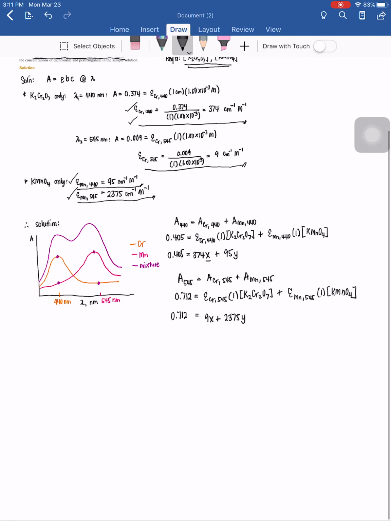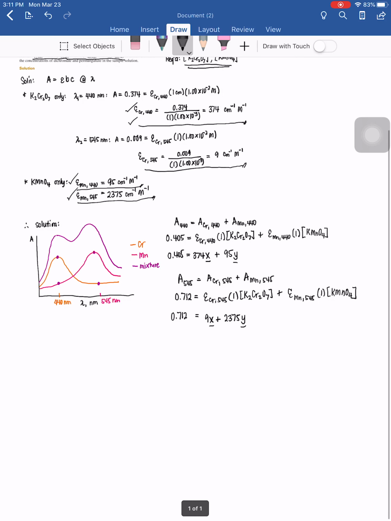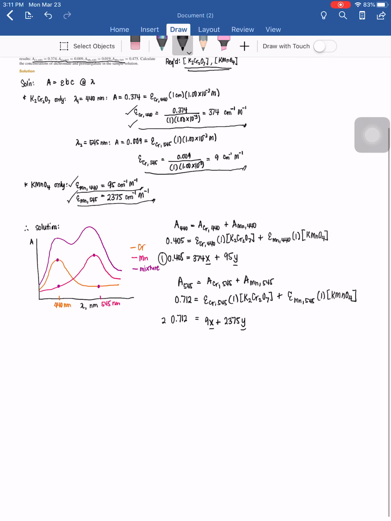We do not know the value of X, and we do not know the value of Y. However, we're given two equations in here. So these two equations, we can solve them simultaneously using systems of linear equations using our calculator.